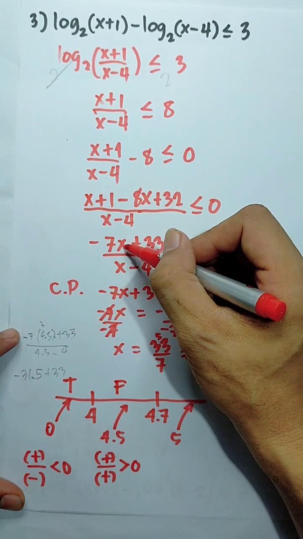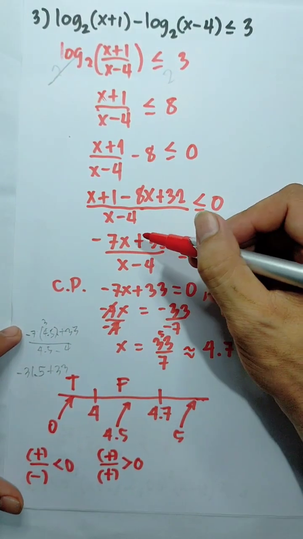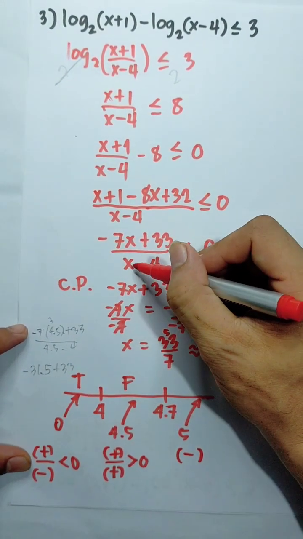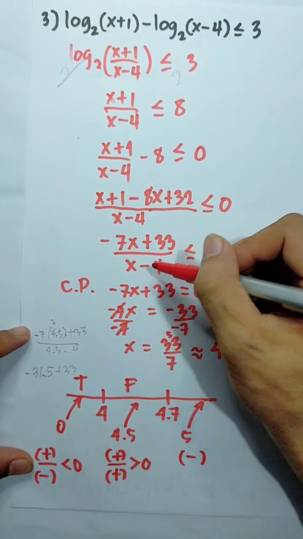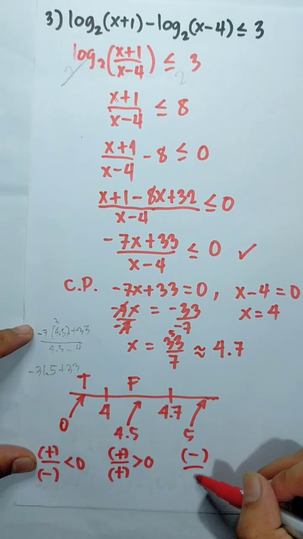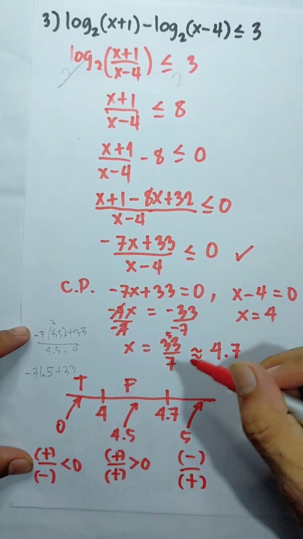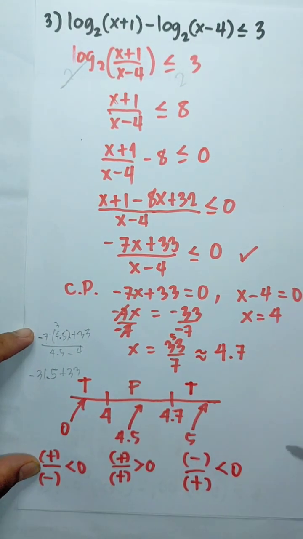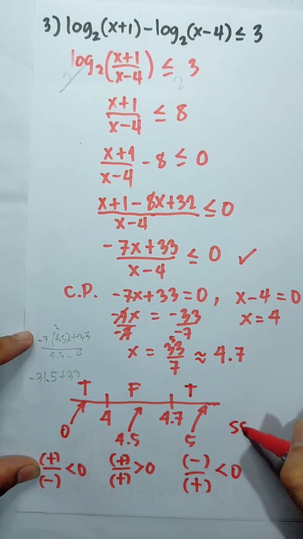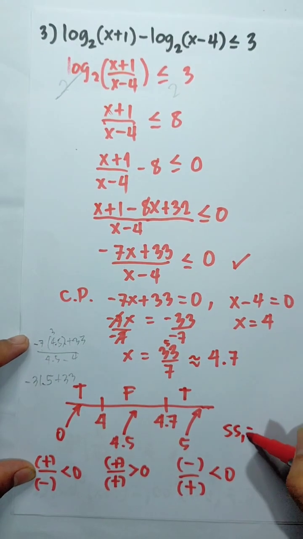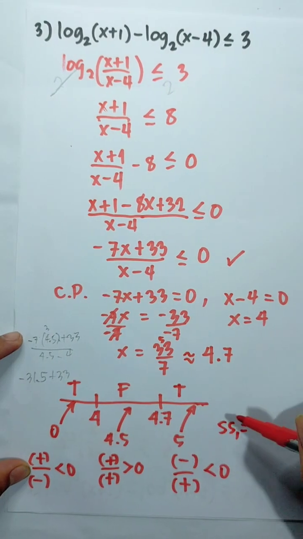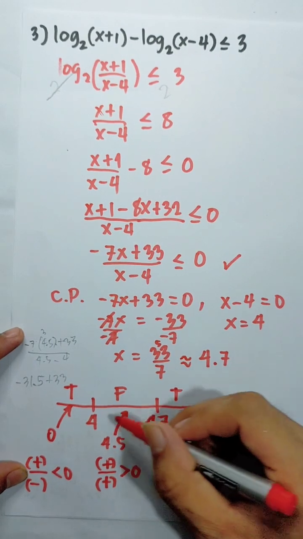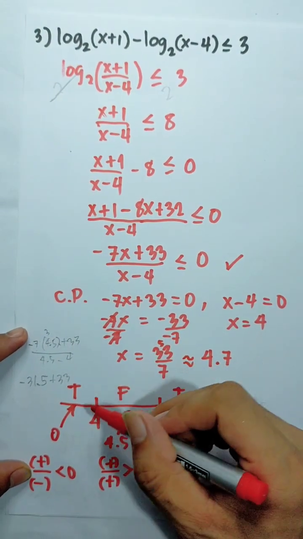So negative 7 times 5, that's negative 35 plus 33 gives us negative. And then the denominator, 5 minus 4 is 1, so that's positive. Negative divided by positive is negative, so this is true. And our partial solution, let's say solution 1, is from negative infinity to 4.